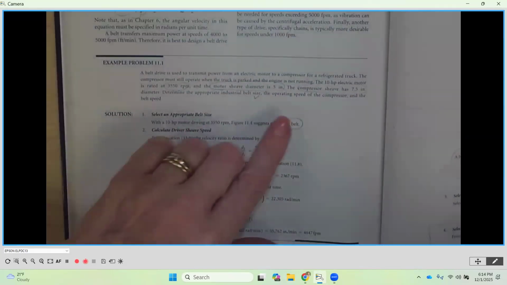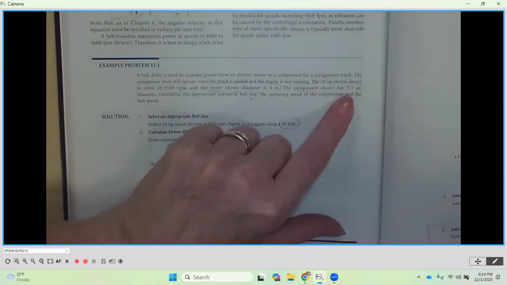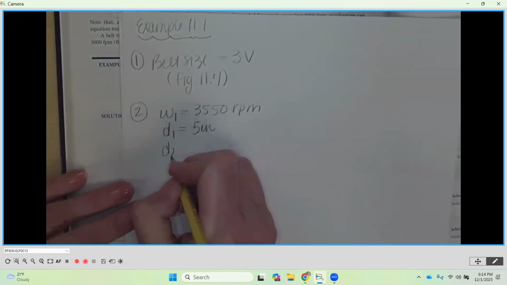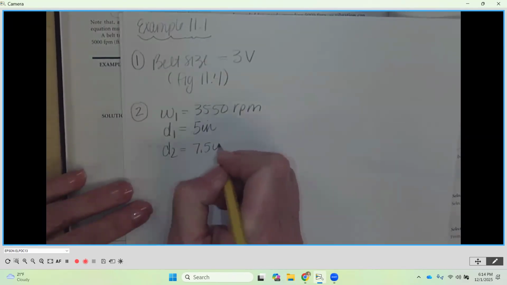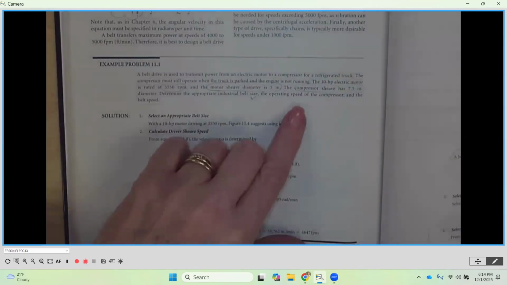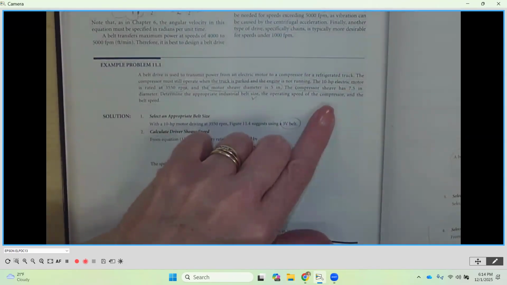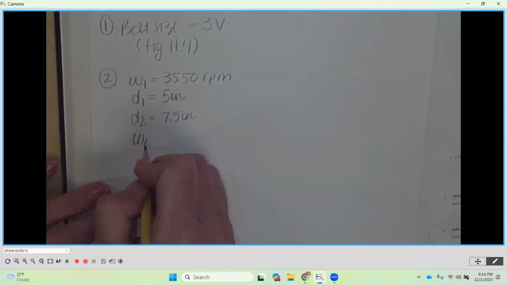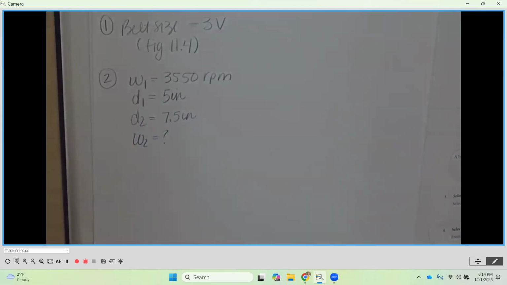Additionally, we know that our compressor, the output, which would be D2, is equal to 7.5 inches. So the pitch diameters of the driver and the driven are 5 and 7.5. Now, we want to find out the operating speed of the compressor, the output. So we want to find out what is W2.